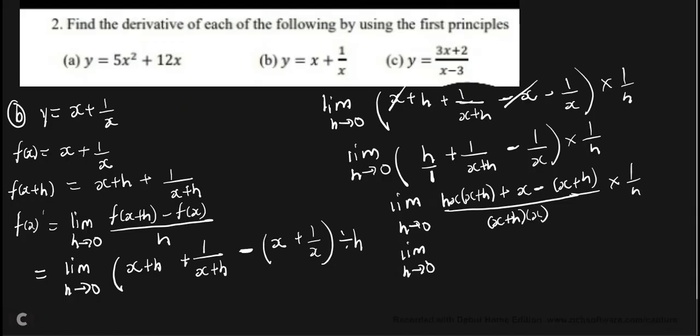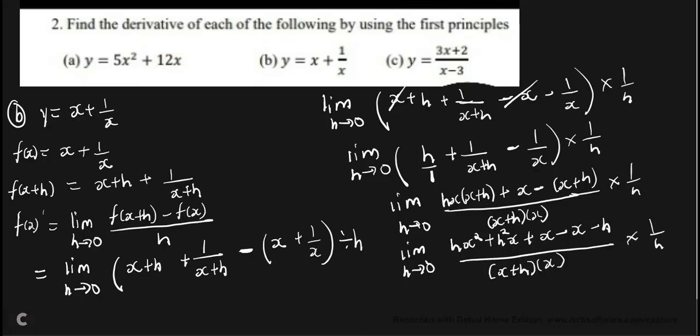This hx times x, the answer is hx squared. Then hx times h is h squared x, plus x, then minus x minus h, over x plus h, then x, then times 1 over h.